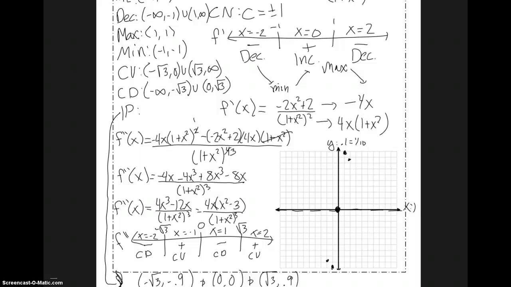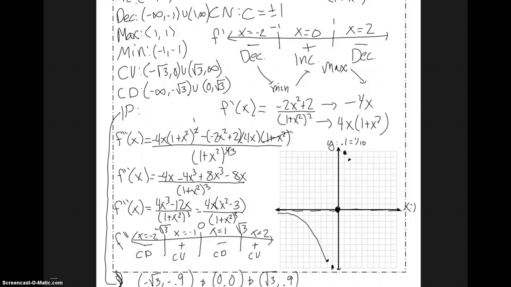So I know that my function starts out decreasing, and it starts out concave down until the inflection point. So maybe something like this. There's my inflection point. Now it's going to turn and become concave up from this -√3 to 0.